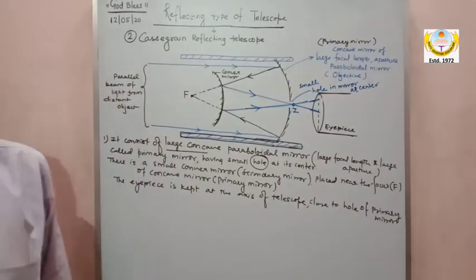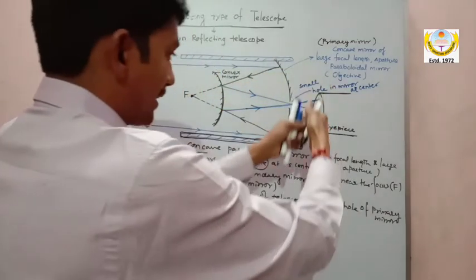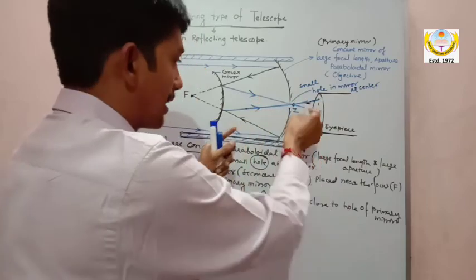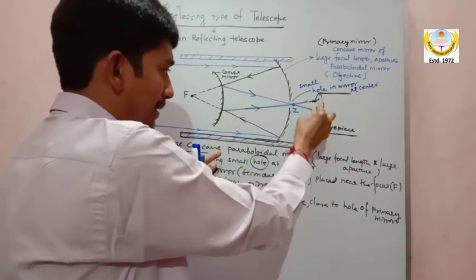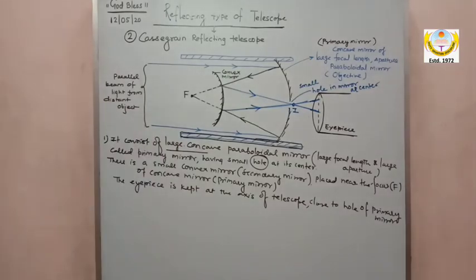So the second point to take care of is that the eyepiece is kept at the axis of the telescope. This is at the axis of the telescope, my dear, and you can see the eyepiece is close to the hole of the primary mirror, my dear. So this is all about the construction, my dear.